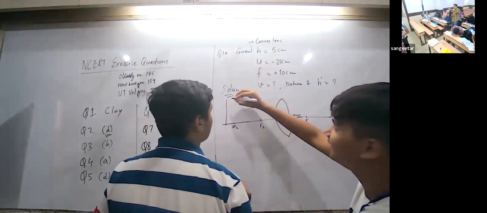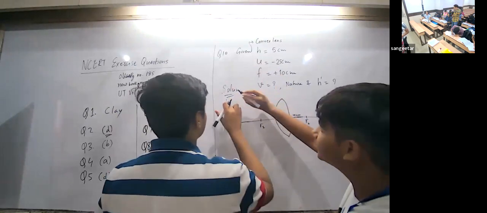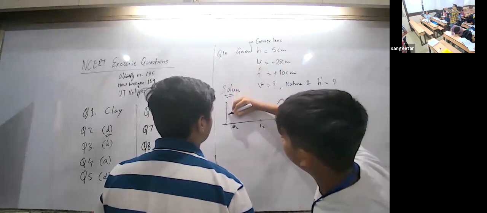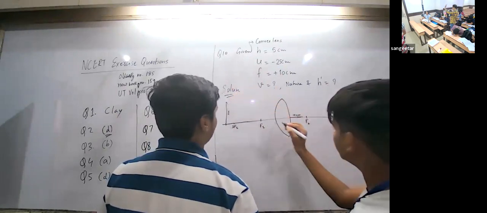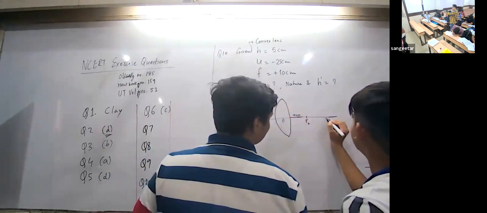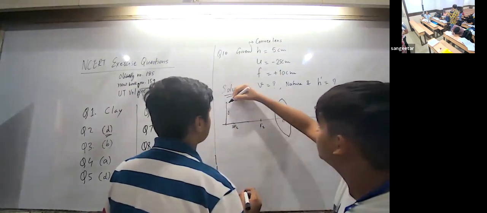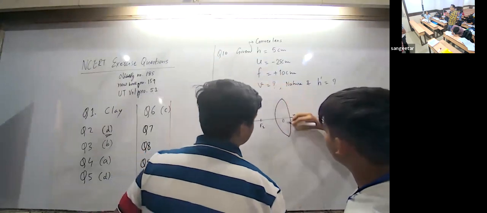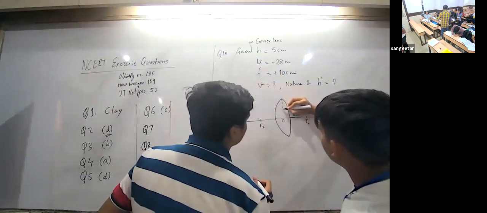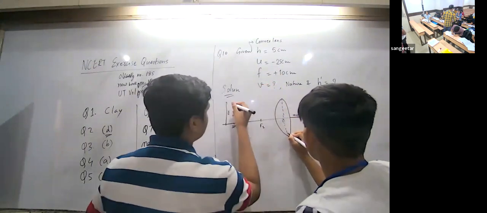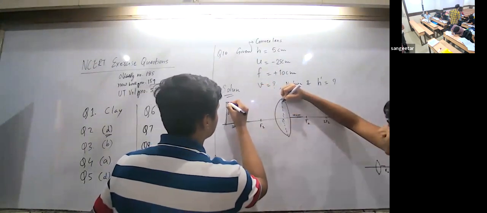Where is it kept? Twice of that, so it's beyond C. See, from the given data only you will judge. So it's beyond C, so the image will be real and inverted on the other side, between C and F. Everything you can predict, and you can verify your answer from the prediction, whether what you're getting is right or not.